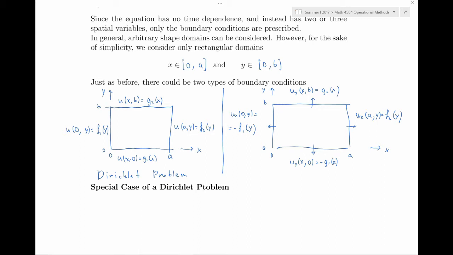In more general shapes, these partial derivatives are replaced with directional derivatives. When the Laplace equation is supplied with this partial derivative type of boundary condition, it's called a Neumann problem.